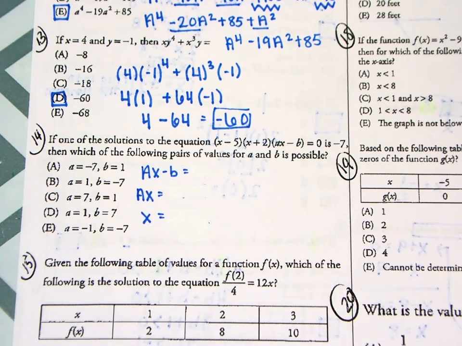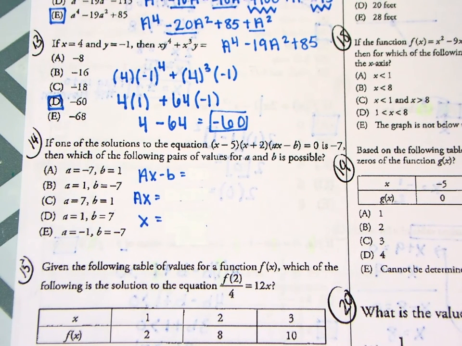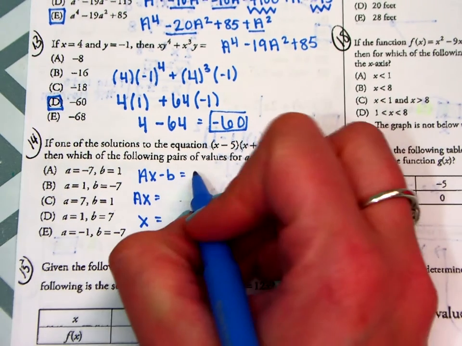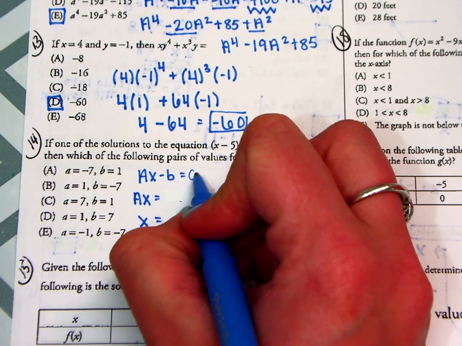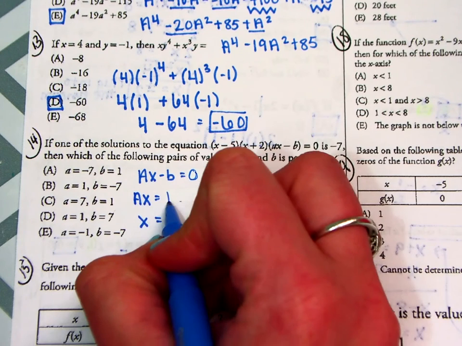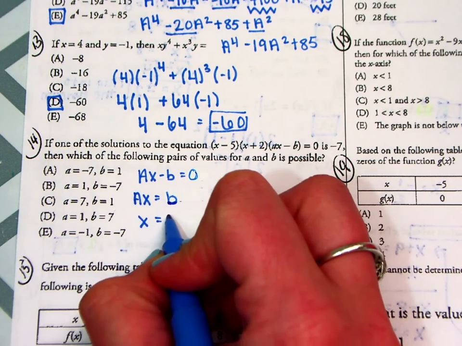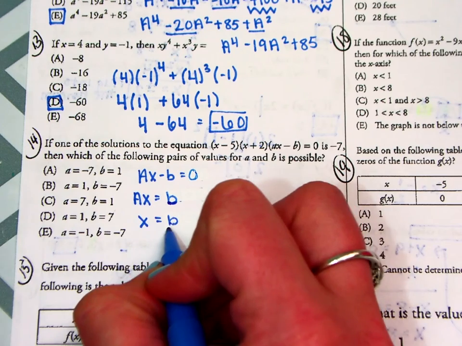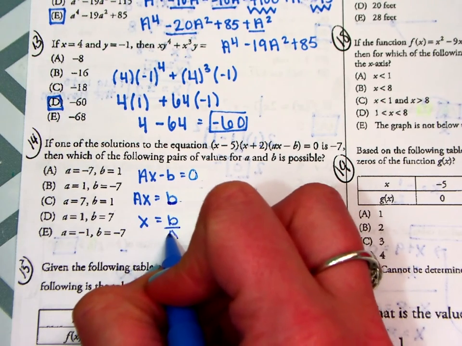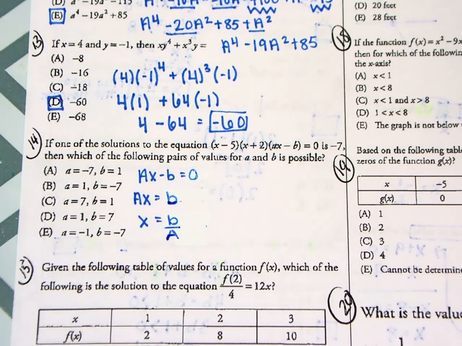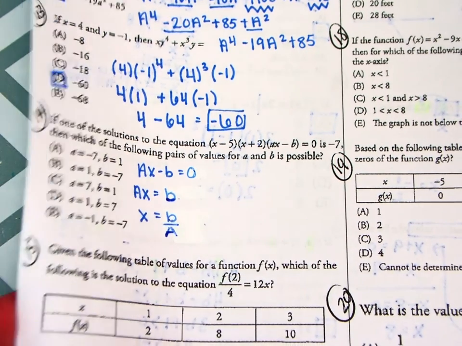I'm sorry. We're looking for which solution is going to be negative 7. So what that means is this value has to equal 0. So I'm still solving for x. But now in the case of our value, we're trying to see what fraction reduces to negative 7.